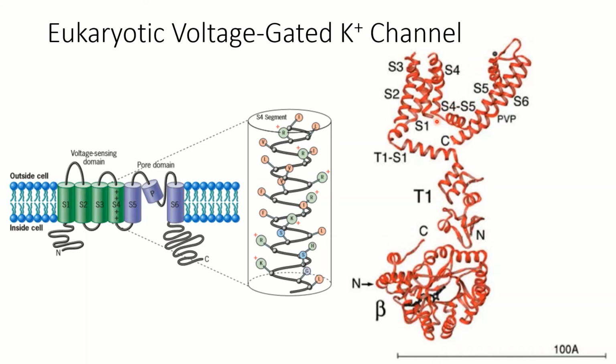You can see this connection like a bridge, S4, S5, to this portion, where this portion actually lines the pore of the channel. When this detects changes in voltage, there's a change in shape. This will be pulled towards that side, and this portion of the channel will open up, allowing the potassium ion to pass through.